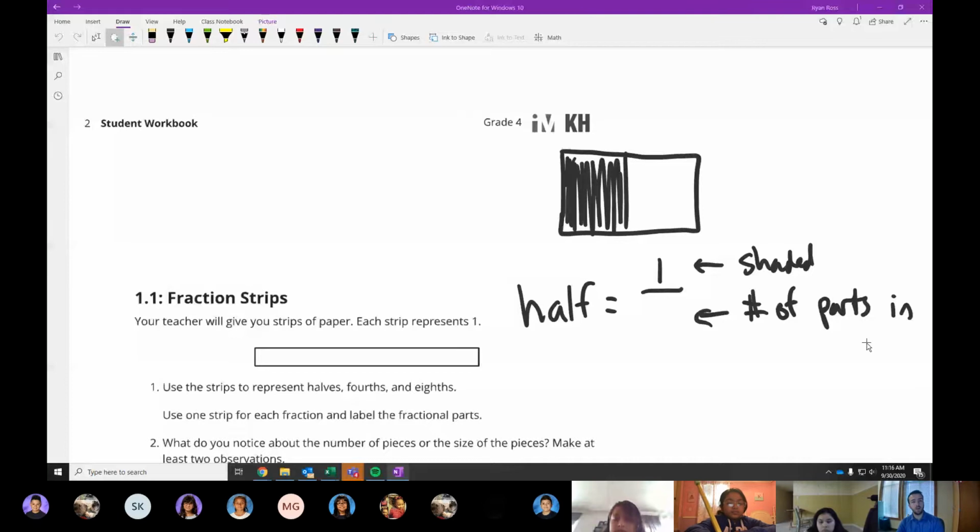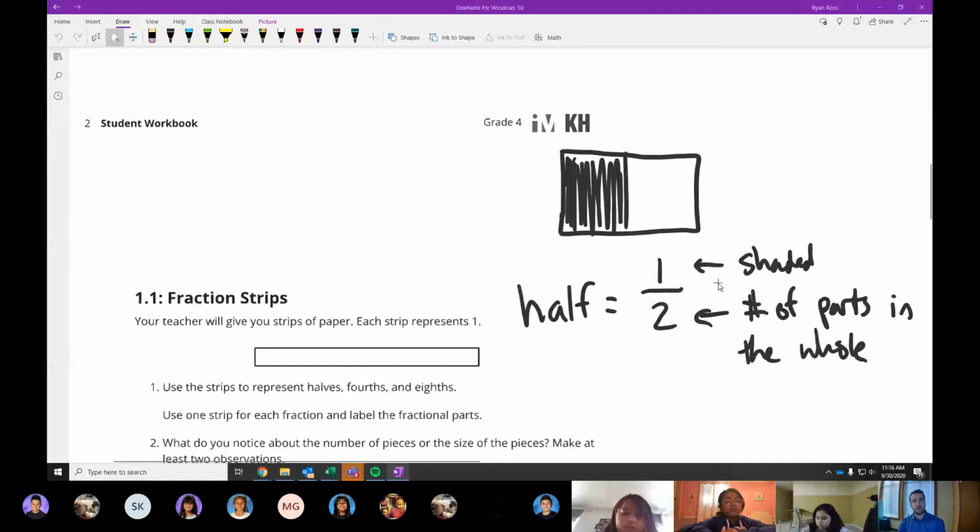So how many total parts are there that make up the whole rectangle? 2. Yeah, there are 2 parts that make up the whole rectangle, right? So if we're only talking about one of those parts, then we have 1 shaded, so that's why it's 1 on top, out of the 2 possible parts that make the whole. So we have 1 over 2, 1/2.